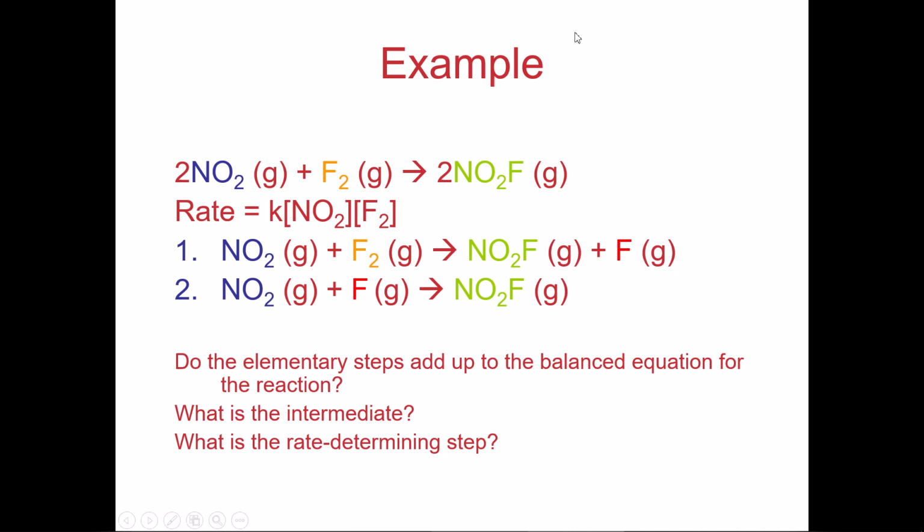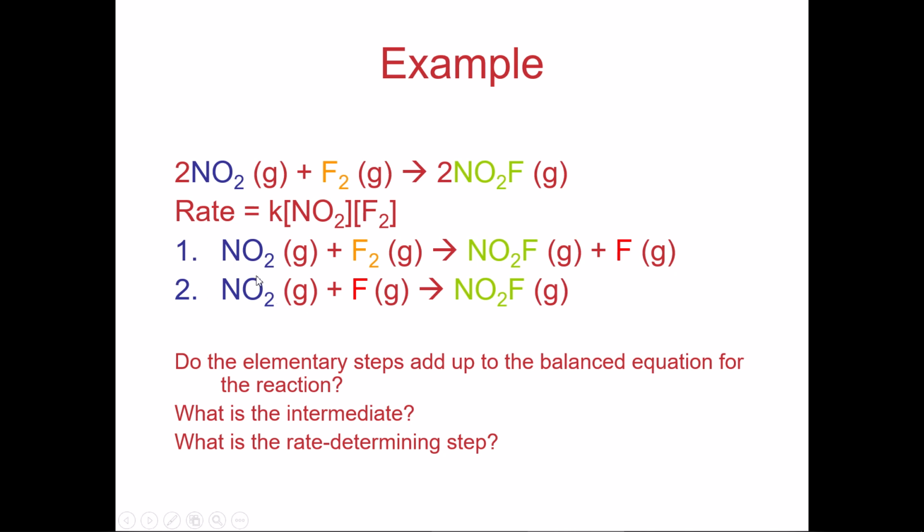So let's look at adding up our two steps first, to determine if this gives us our overall equation. We have NO2 plus F2 producing NO2F plus F. In the very next step, that red F gets used up, so that red F represents our intermediate and would be crossed out.